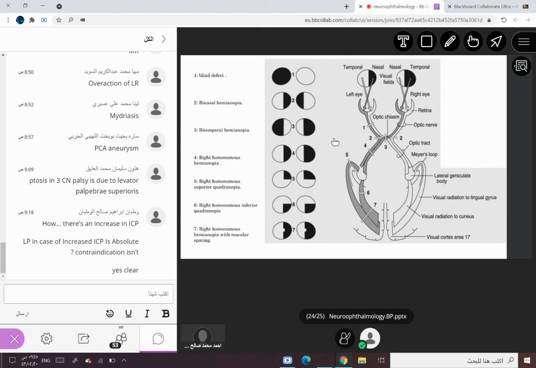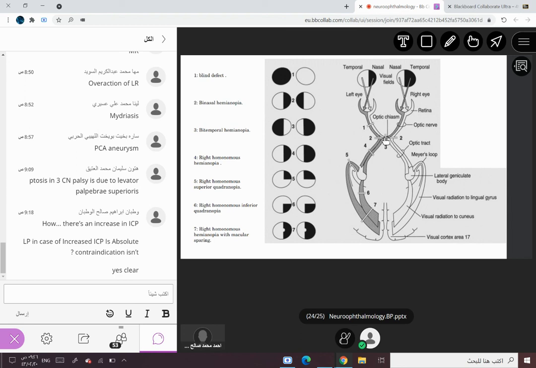The most common visual field defect in cases of pituitary tumor or pituitary apoplexy is what we call bitemporal hemianopia.